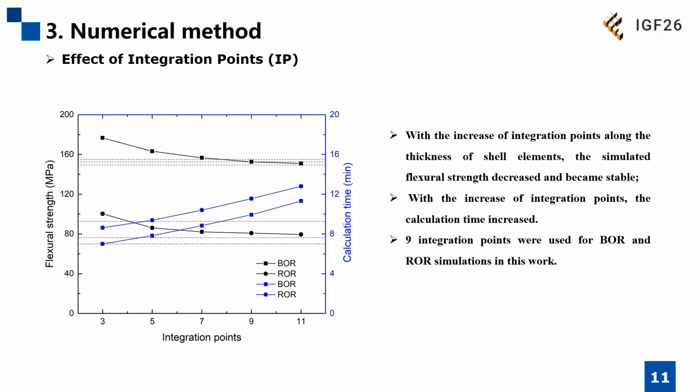And also with the increase of integration points, the calculation time will also increase. To balance the simulation results and the calculation efficiency, 9 integration points were used for ball-on-ring and ring-on-ring simulations in this study.